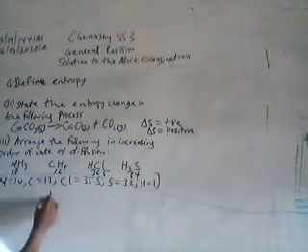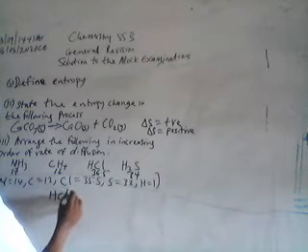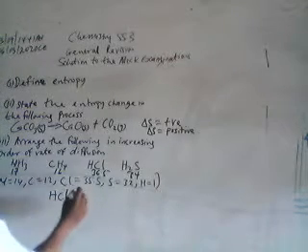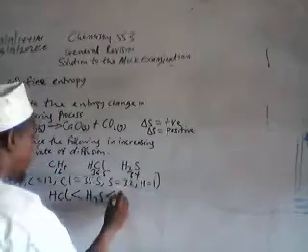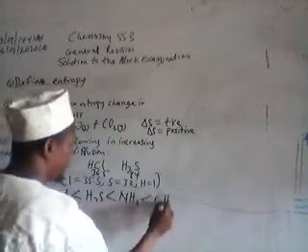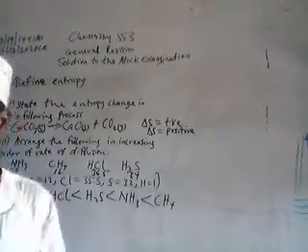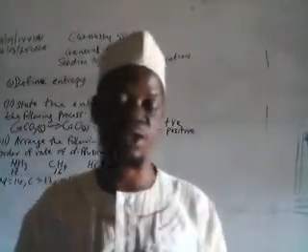And that will give you hydrogen chloride first, diffusing slower than hydrogen sulfide, diffusing slower than ammonia, diffusing slower than methane. So this shows the increasing order of rate of diffusion. And that takes us to the end of question 1 in your mock examination.